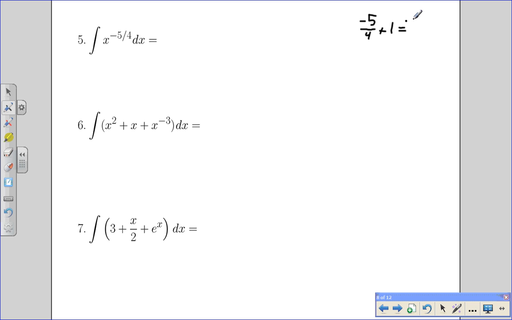That would be minus 5/4 plus 4/4, which is negative 1/4. So here, when I integrate, I add 1 to the exponent, I get negative 1/4. You divide by that, and you add c.